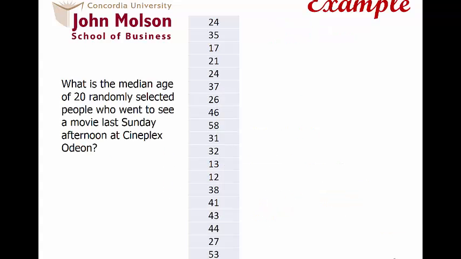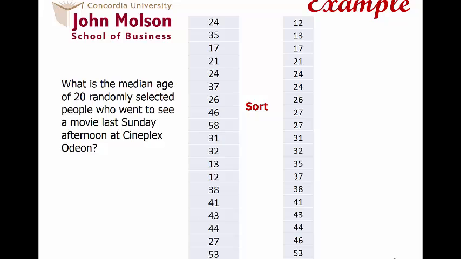Let's take the median age of those 20 randomly selected people who went to see the movie on Sunday afternoon. We'll sort these observations. We know we have 20 data points, so let's calculate the rank. The formula, 20 plus 1 divided by 2, is 10.5.